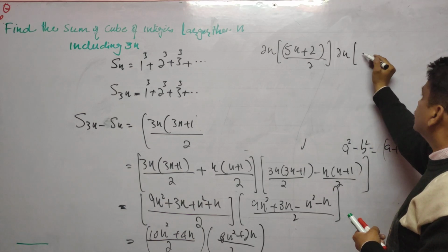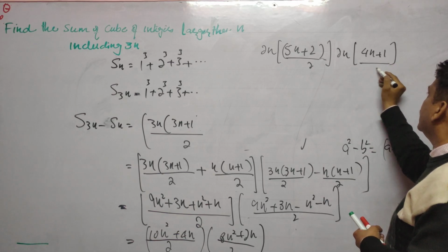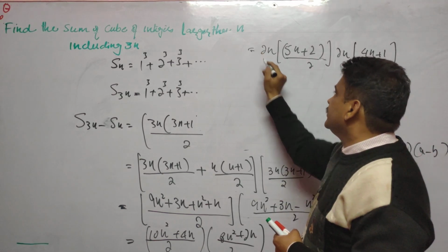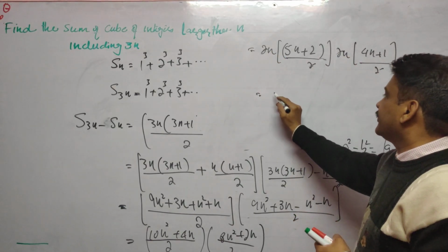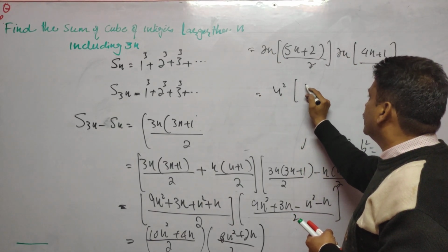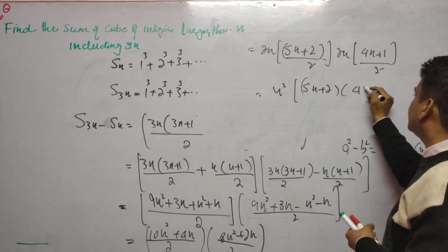We now write 4n plus 1 divided by 2. After cancellation, we will get n multiplied by n square, 5n plus 2 times 4n plus 1.